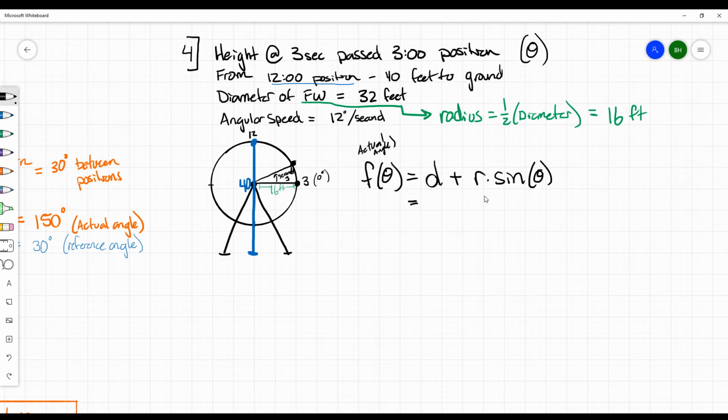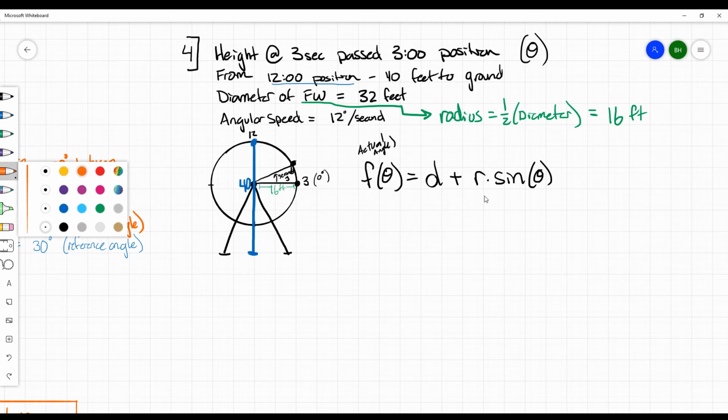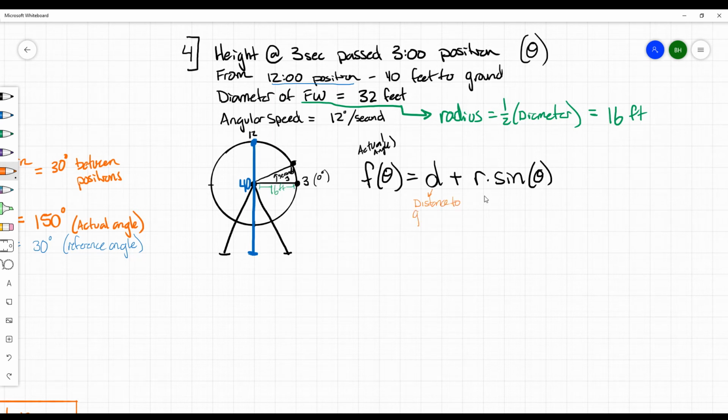So if we remember, our D value is going to be the distance to the ground from the center. We don't know that yet. And then R is going to be our radius, and theta is going to be our actual angle.